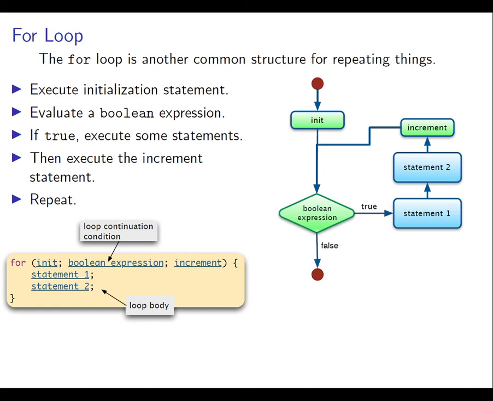If the Boolean expression is true, then we go inside the block and execute its content, statement 1 and statement 2 in this case. And finally, before we do anything else, we execute the increment statement, the increment part of the 3-part for loop. Having done that, we go and evaluate the Boolean expression again and see whether it's still true.